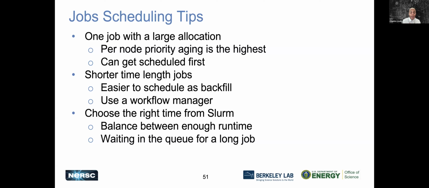And you can also make use of a workflow manager. A lot of times it's choosing the right time for Slurm to use. And so it's always good to get an active look at how the queue is looking. Because if you can strategically plan when you are submitting your jobs, then you can get your results more strategically and quicker as well.